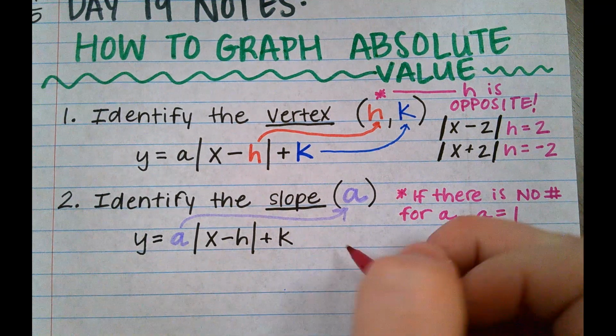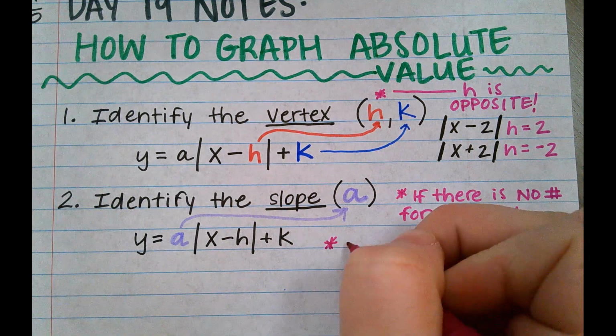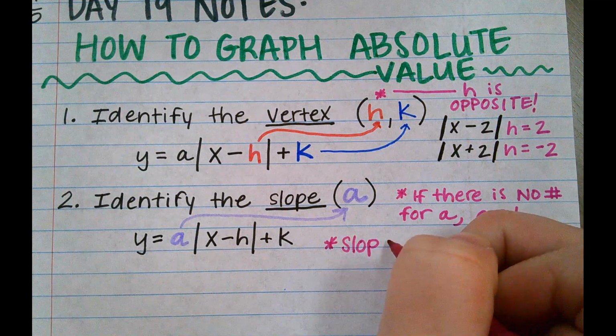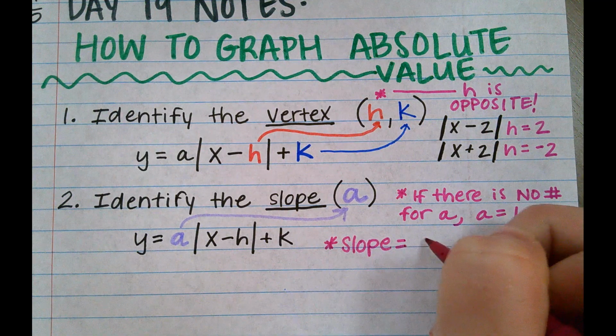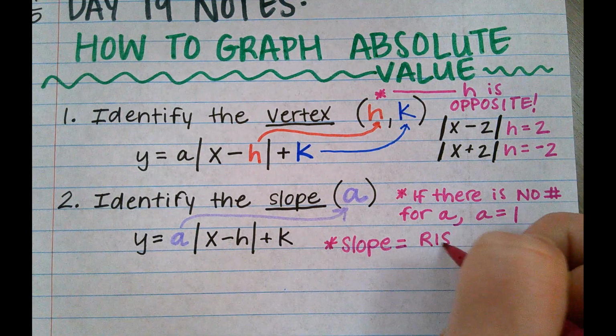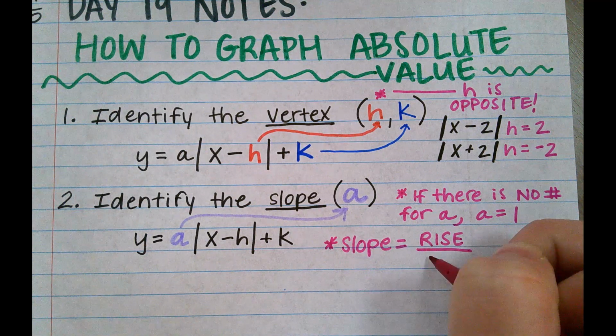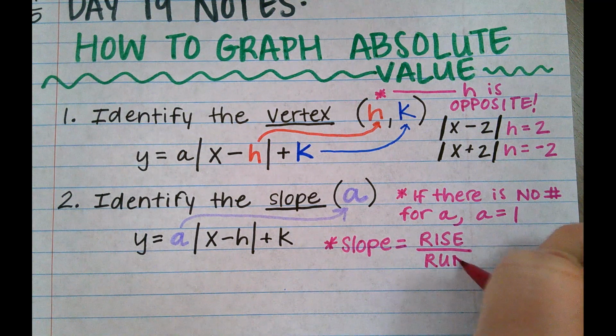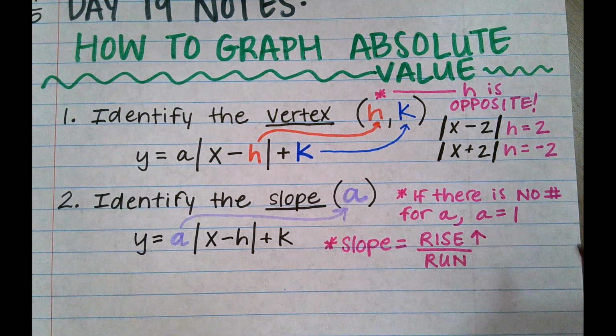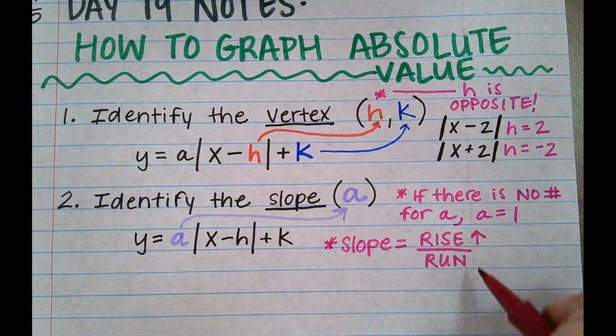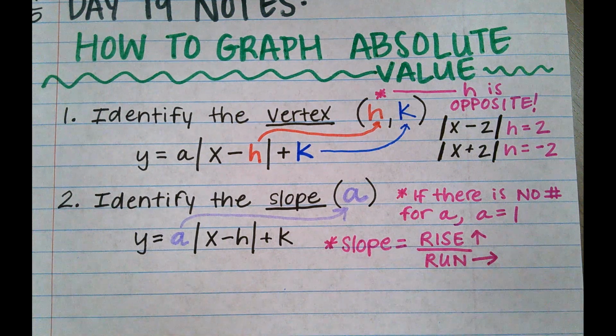Another good note to make is that slope equals rise over run. Meaning how far up do I go from one point to the next? And then how far over do I go from one point to the next?